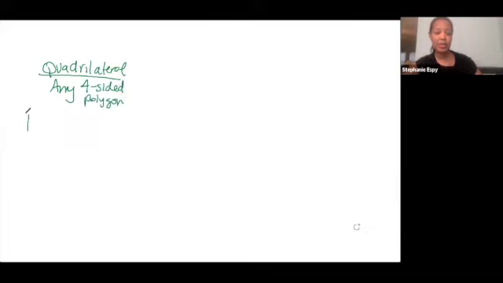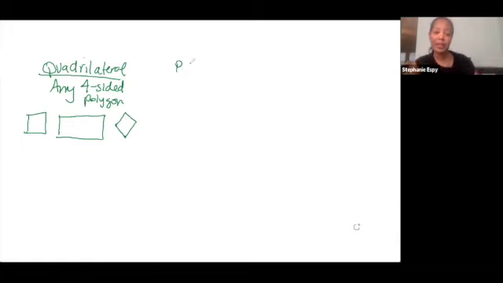Okay, so quadrilateral literally means any 4-sided polygon. So a quadrilateral could be a square, could be a rectangle, could be a kite or a diamond, anything that's 4-sided, and that's a closed figure, is a quadrilateral.